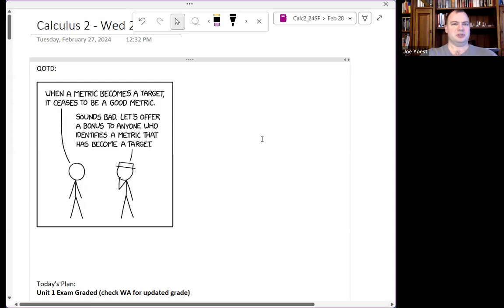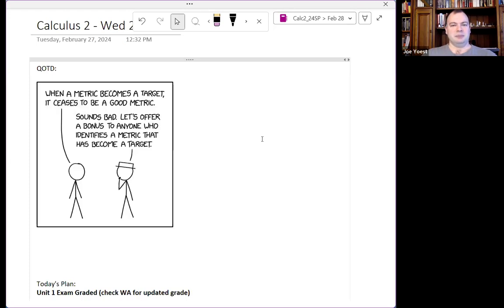So maybe in a business, they want to provide something valuable to the economy, to society, and they say, do we think we're doing a good job of that? Maybe we establish a metric, a number that informs us whether we're doing a good job.